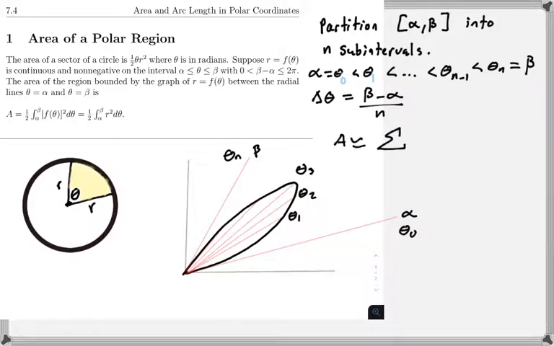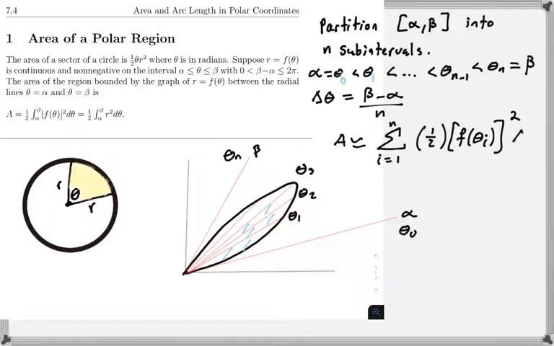So the area is going to be approximately, so we can think of all of these as little sectors. So a bunch of areas of sectors, and we're going to sum them up. So we're going to sum up the first one to the nth one, and that's going to be 1/2, and then r squared, and we're going to use f of theta i. So that's going to tell us how far away we are from the pole.